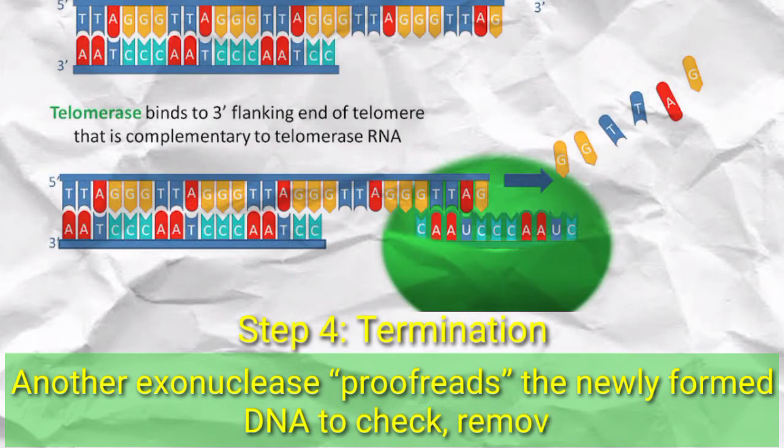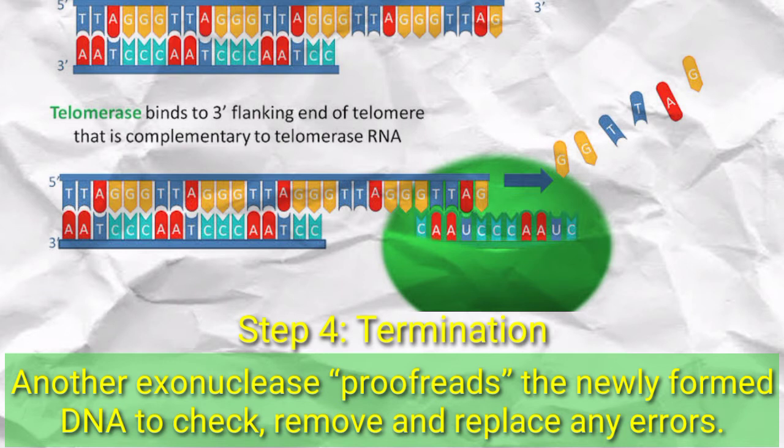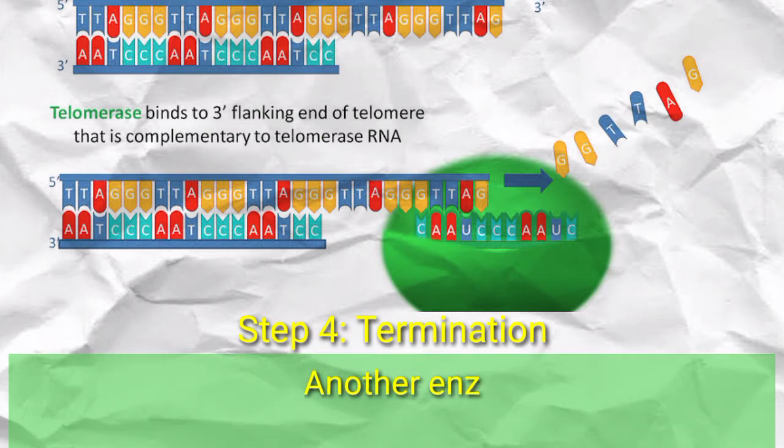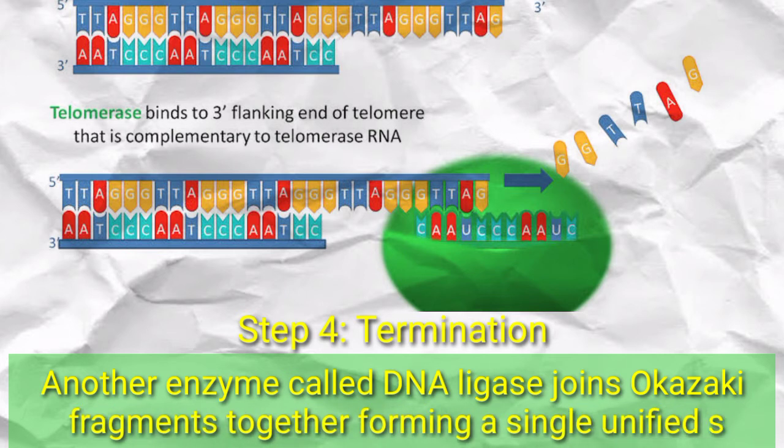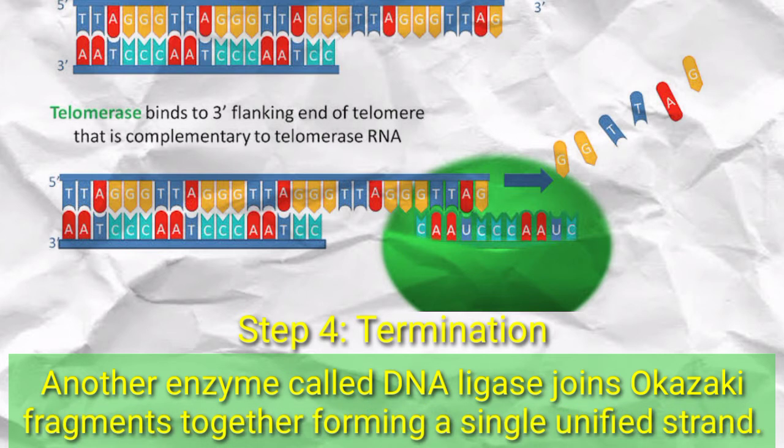Another exonuclease proofreads the newly formed DNA to check, remove, and replace any errors. Another enzyme called DNA ligase joins Okazaki fragments together, forming a single unified strand.